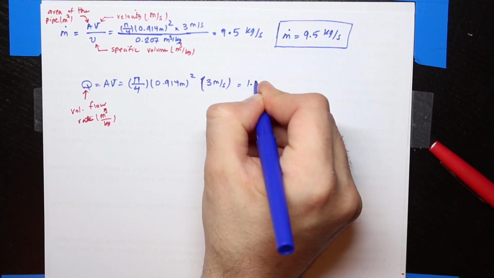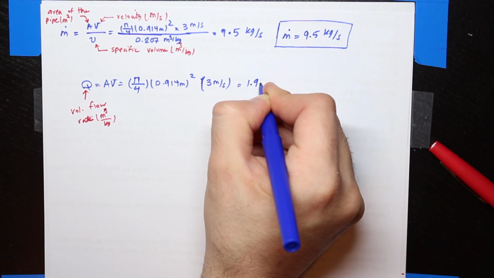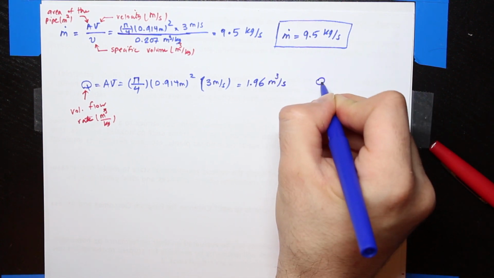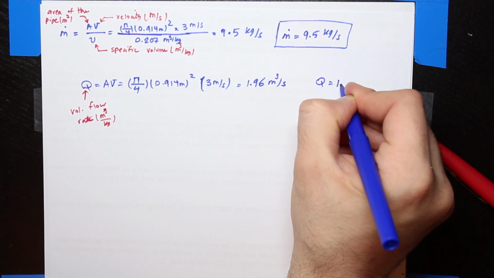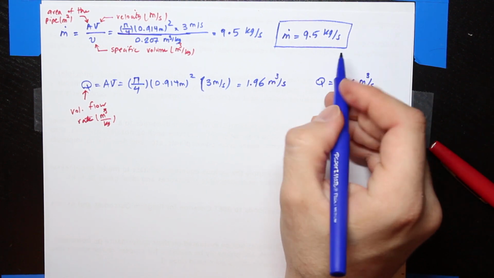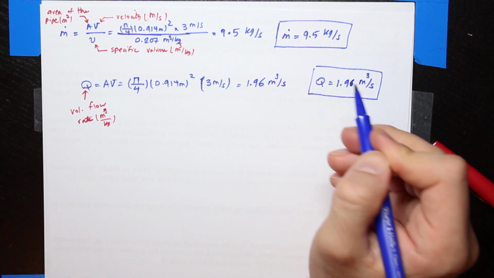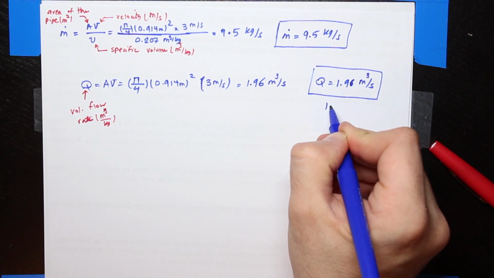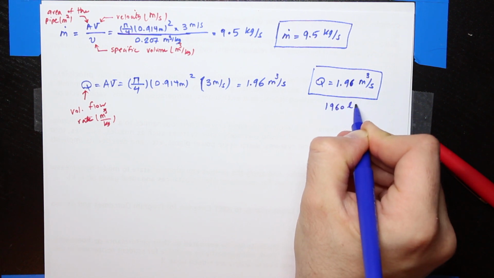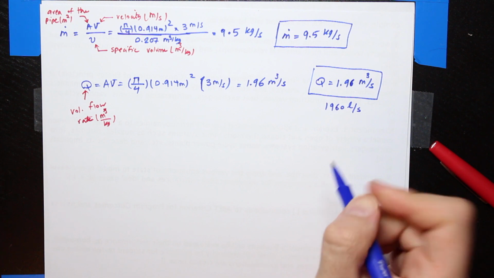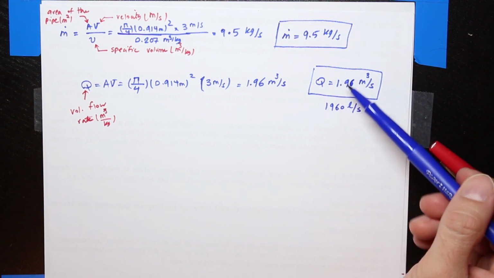And that is equal to 1.96 meter cube per second, or let's say Q, or volumetric flow rate, is 1.96 meter cube per second. Or if you want to convert it into liter per second, it will be 1960 liter per second passing through that cross section of the pipe. So these two are the answer to the problem.